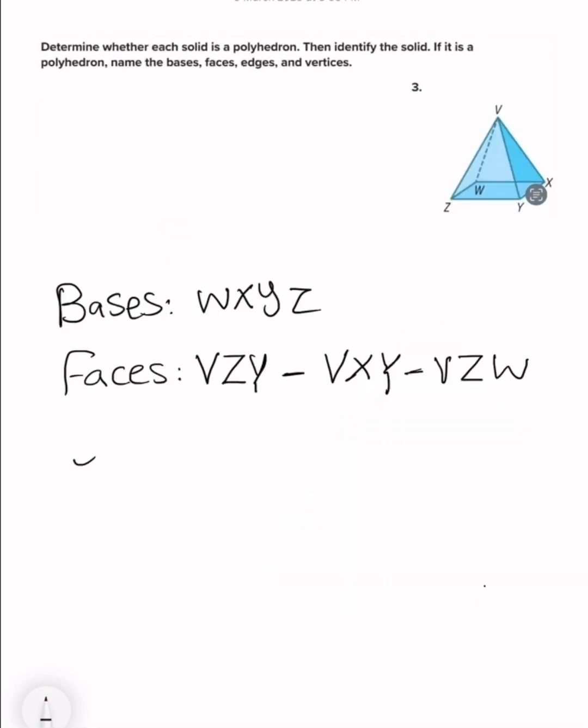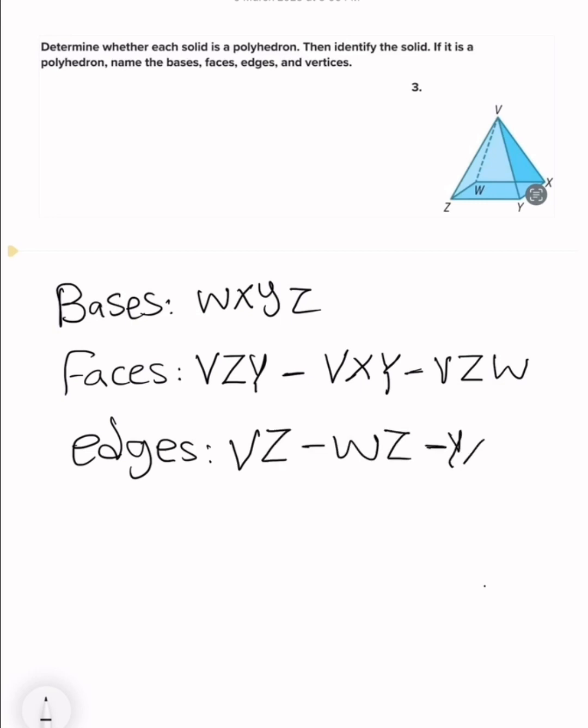Edges. So edges can be any two points. We can write VZ, or we can write WZ, or we can write YX, or we can write VX. We can write anything, any two points together that make a line. Now vertex. Okay, so vertex, any point. We have 1, 2, 3, 4, 5 points.